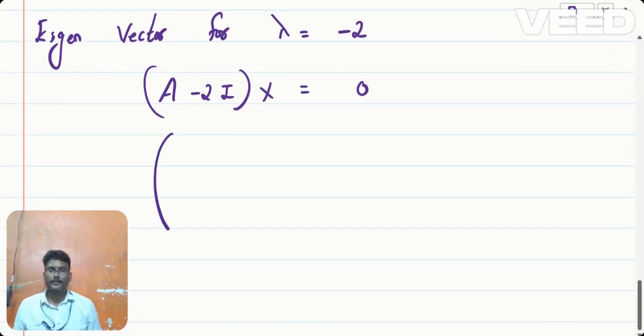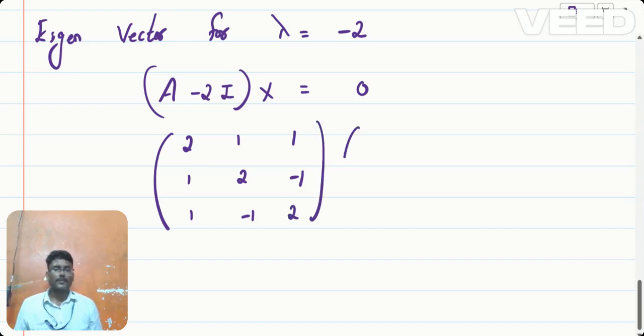So with lambda is equal to minus 2, we get 2, 1, 1, 1, 2, minus 1, 1, minus 1, 2 times x1, x2, x3 is equal to 0, 0, 0.